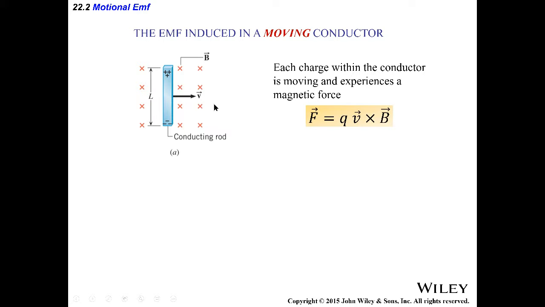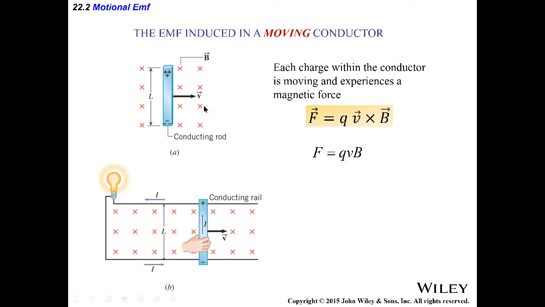They will experience a magnetic force, which is Q, whatever is the charge, there's the plus charge here, minus charge here, Q V cross B. Now, V cross B, if you have your right hand rule, V cross B would be a force that would, which direction? V cross B would be a force that would cause the positive charges to be moving upward.